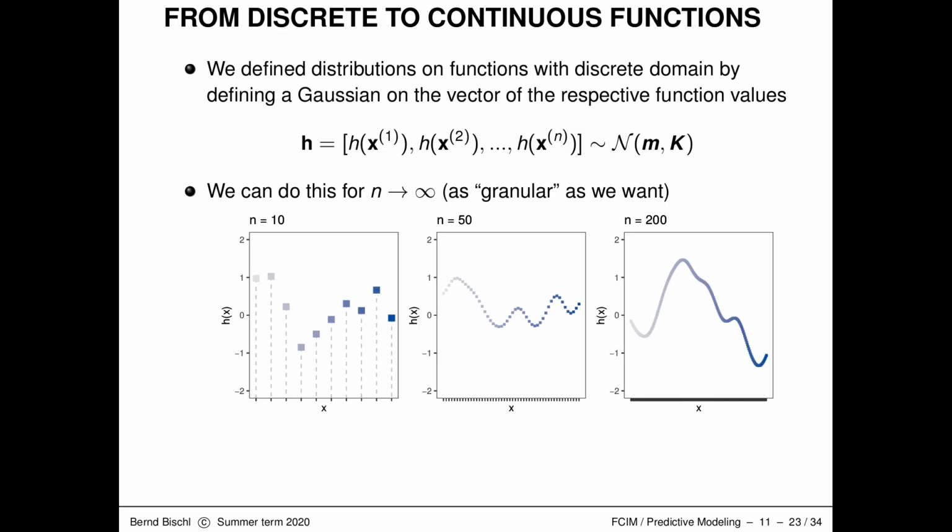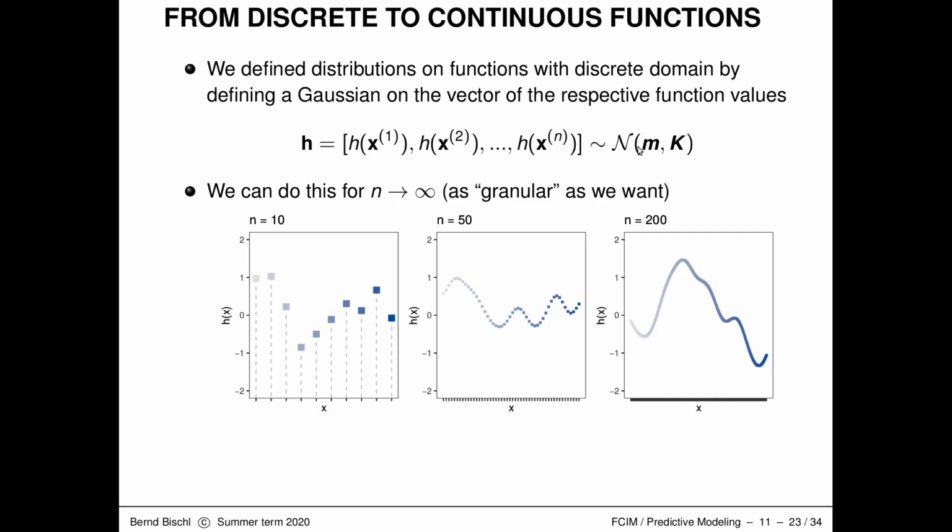Okay, so until now, we have pretended that our input domain only consists of a finite number of points, and therefore, to work stochastically with random variables of such functions, we only need to work with random finite dimensional vectors.